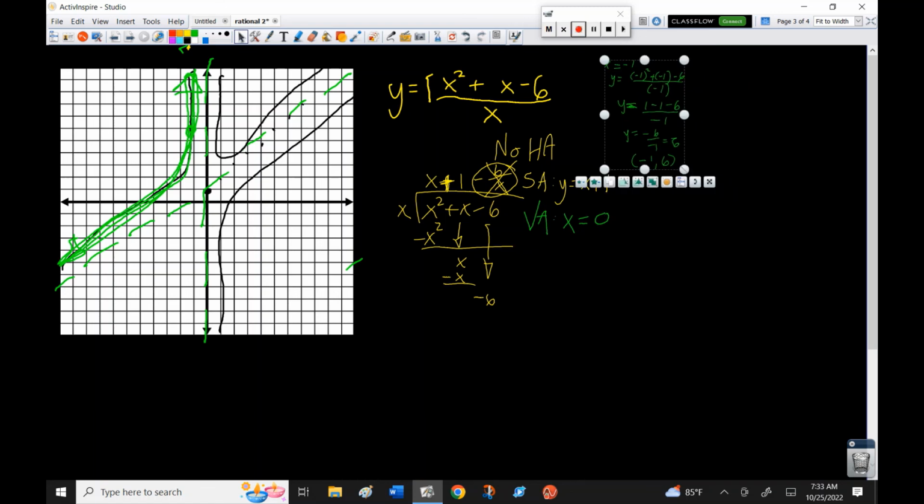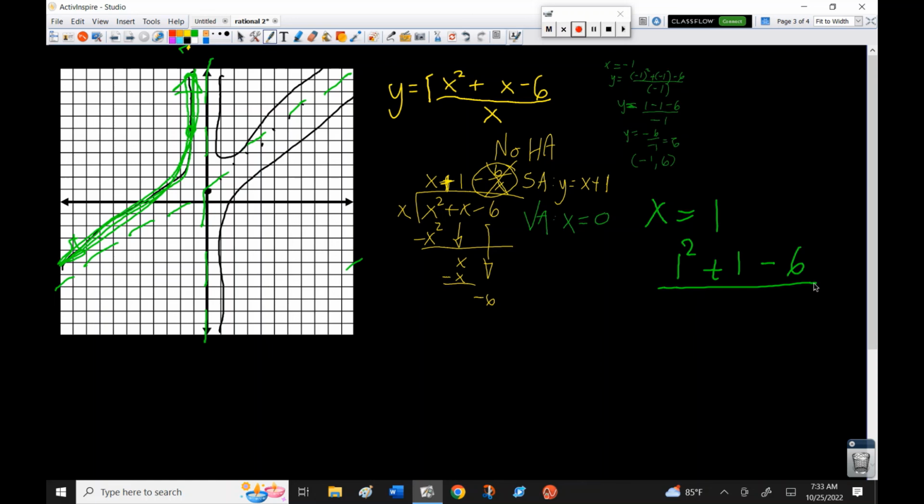Now, ladies and gentlemen, I'm going to pick x equals 1 because that's on the right side of 0, our vertical asymptote. Here we go: 1 squared plus 1 minus 6 over 1. Notice I don't put 1 in parentheses because nothing weird happens with a 1.